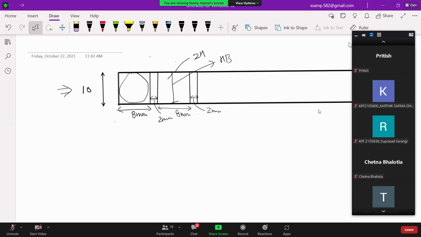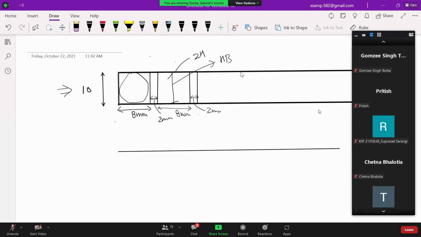Similarly, there is another one. Engineering drawing is the language of engineers. And then there is another one. For the remaining 2 questions, how will you do it? See, now I am doing it correctly, properly. This is one line.